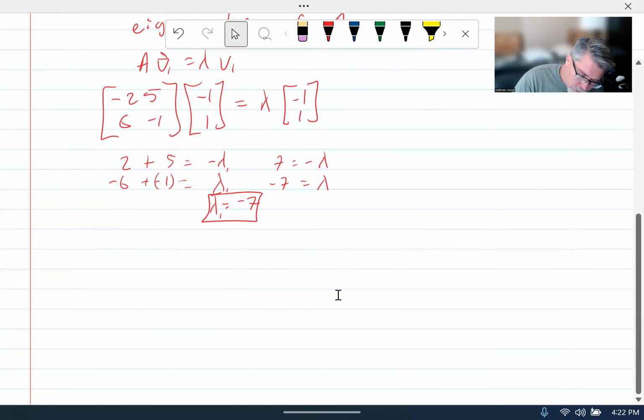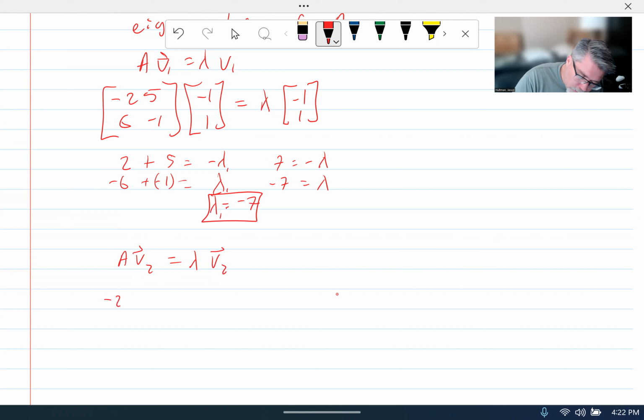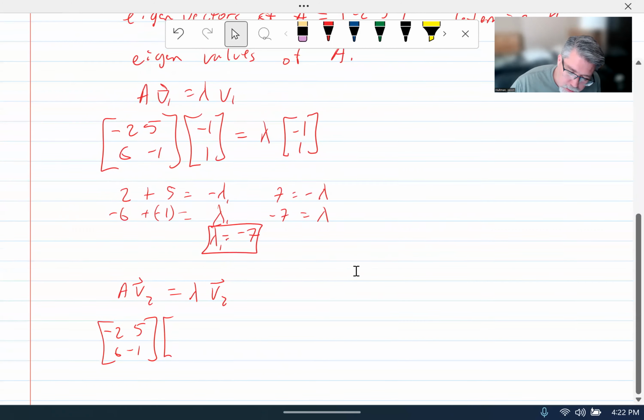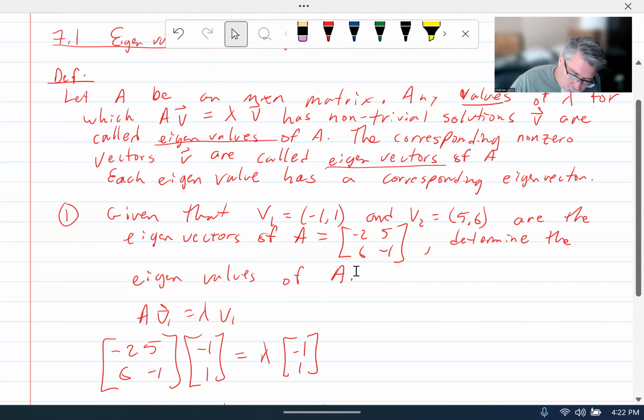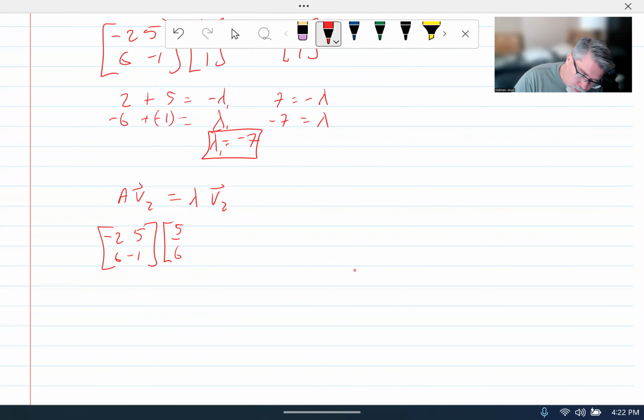So let's try the next one here. A times V2 is equal to lambda times V2. This is going to become negative 2, 5, 6, negative 1 times V2, which was 5, 6, is equal to lambda times 5, 6. Okay, so this is going to be negative 2 times 5 is negative 10, plus 30 is equal to 5 times lambda.